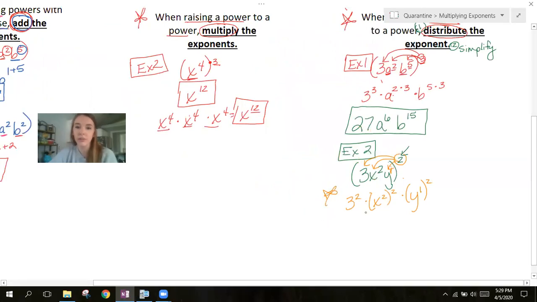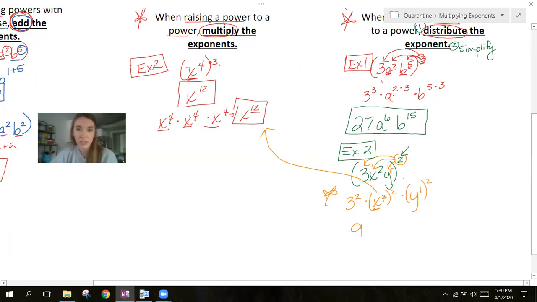So I'm down here. I have 3 squared, which is 3 times 3, which is 9. And then I have x squared squared. That looks a lot like what we did with the power of a power rule. If you're raising a power to a power, you multiply them.